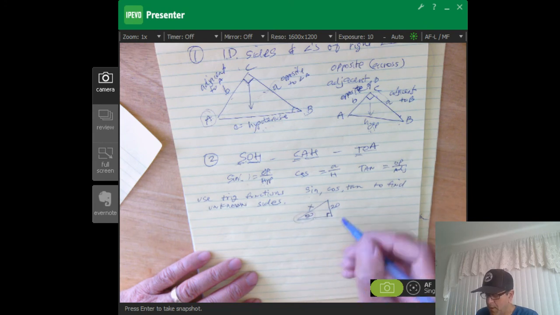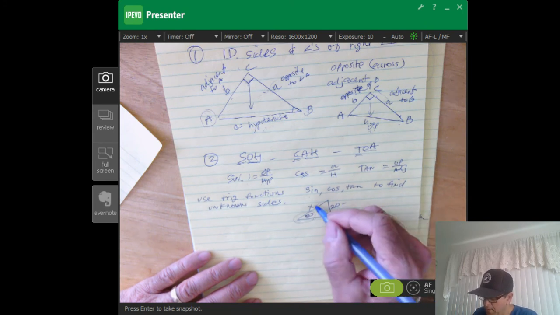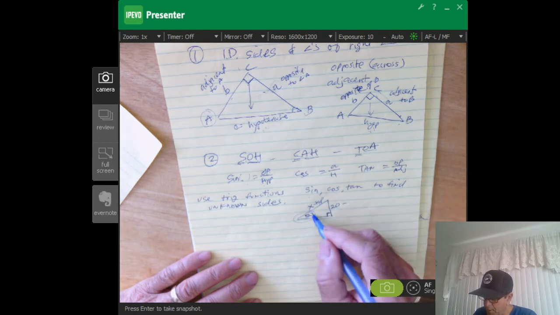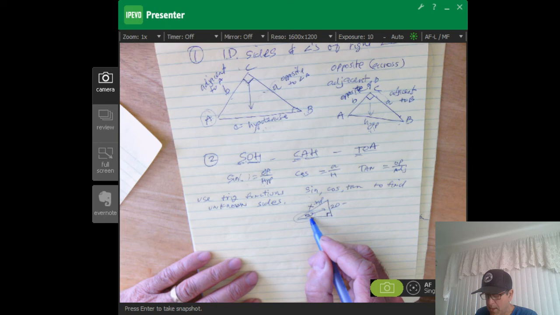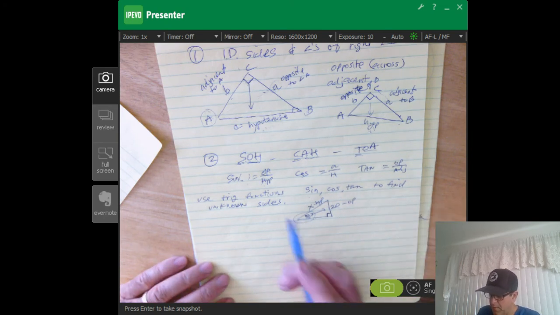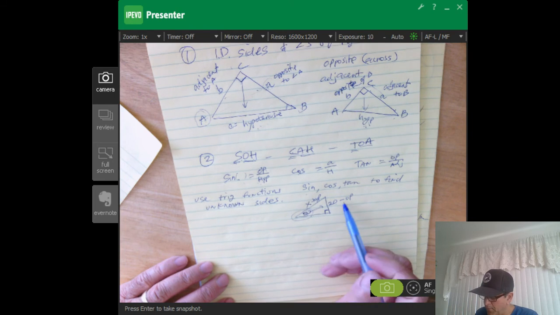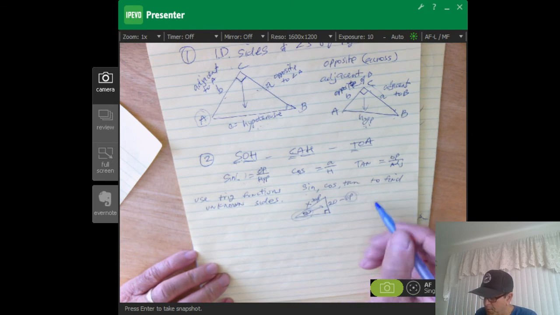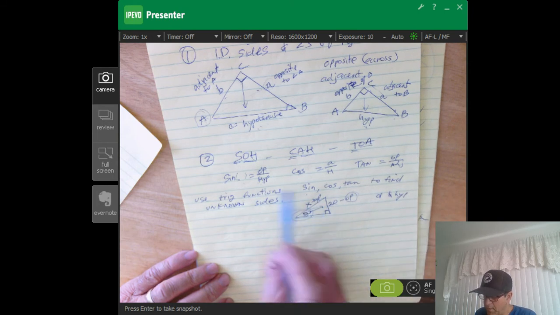So we're going to be talking about this angle right here, this side, and this side. Well, this side is your hypotenuse. This side is the opposite of that 50-degree angle. So this is your opposite side. And then you just have to look at the trig functions and decide which one has both the opposite and the hypotenuse. And that's going to be sine.